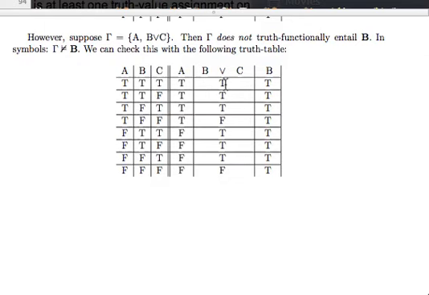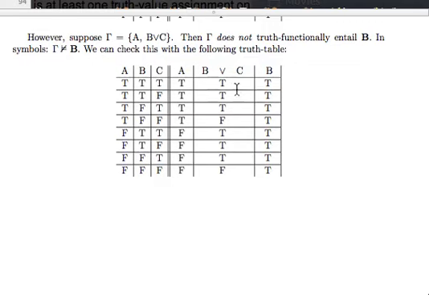Okay, so now what we need to do is make sure that on any given row where each of these sentences is true, we look for all the rows where the sentences in gamma are true. We want to make sure that B is also true on all of those. And oh, I can already see that I actually didn't copy B here.